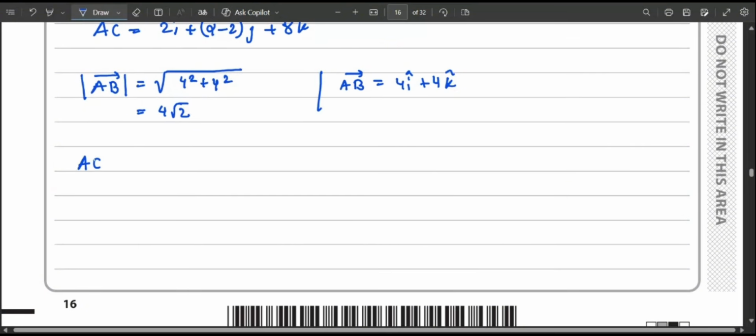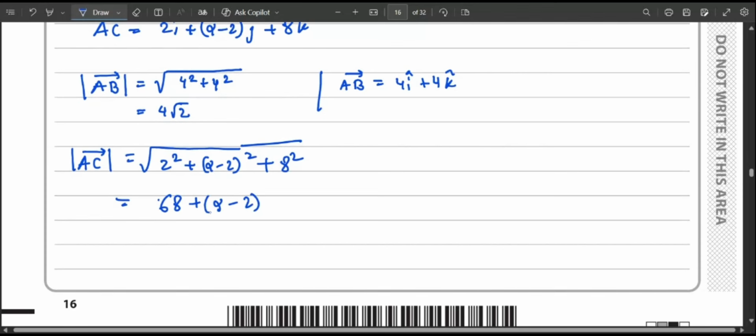For AC, its magnitude will be equal to root over 2 square, the coefficient of i, then alpha minus 2 whole square, the coefficient of j, and 8 square, the coefficient of k. Now we can simplify this. Simplifying this gives us root over 68 plus alpha minus 2 whole square.